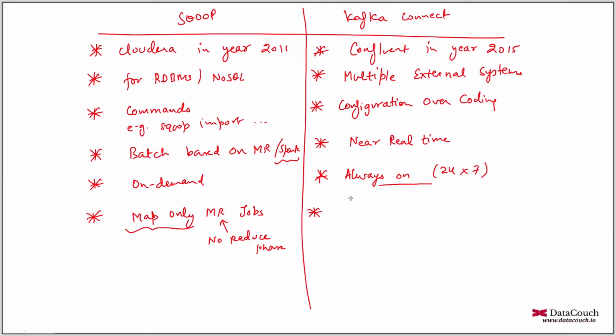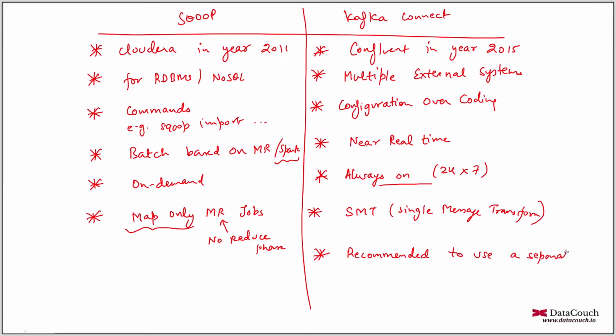But Kafka Connect gives you single message transform, so you can actually modify the events as they are propagating. Kafka Connect requires, or recommends using, a separate cluster, but Sqoop does not require a separate cluster.